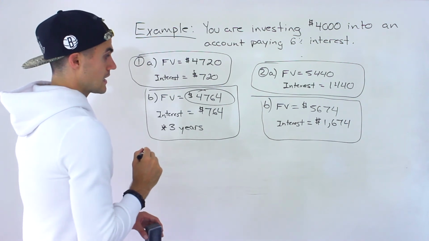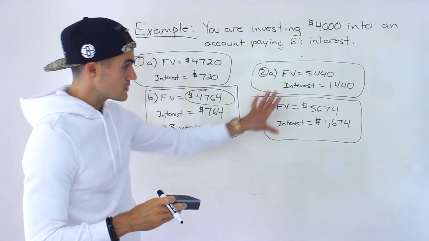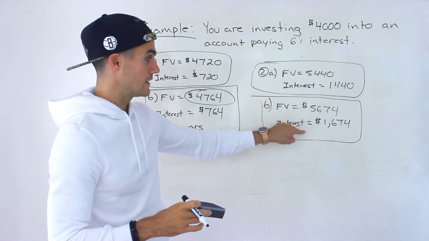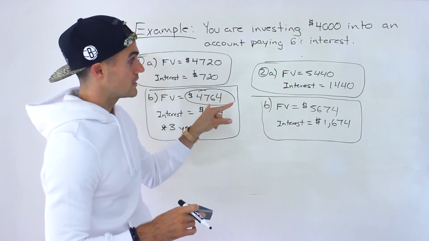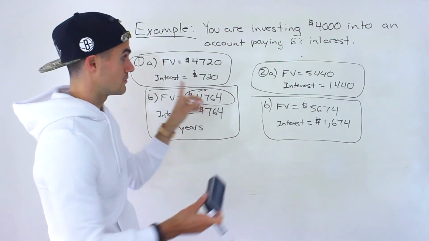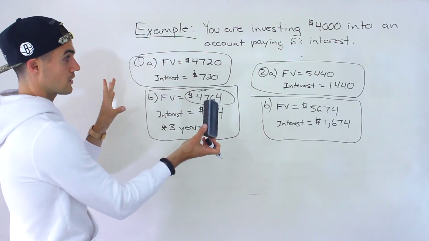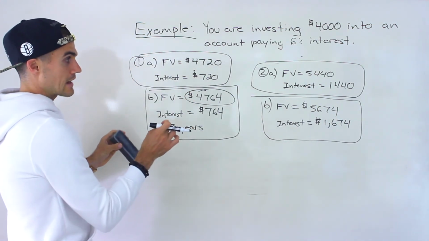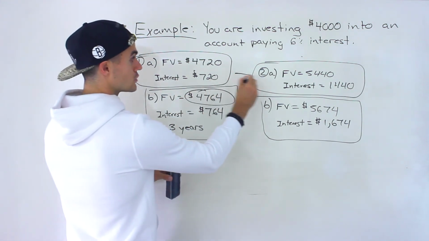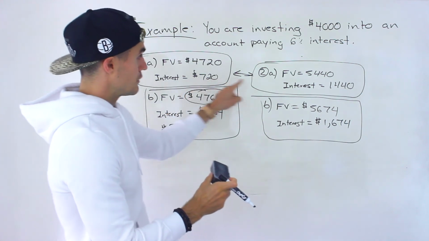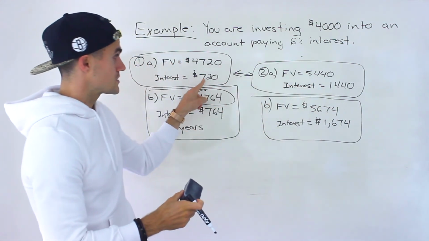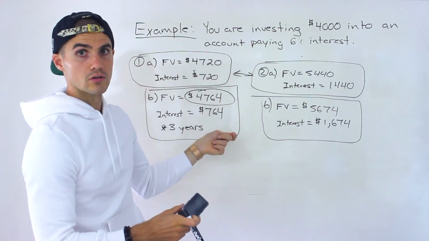Now, what they're asking in part 3, they're saying that this was double the amount of time that this was. And what they want you to do now is compare the interest earned between these two time periods. And notice that when we compare the two simple interest accounts, the difference in the interest earned is proportional to the time.